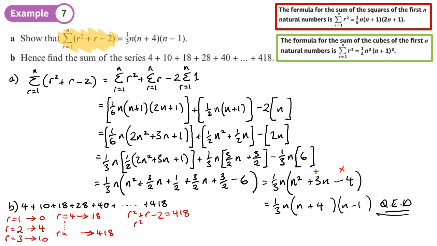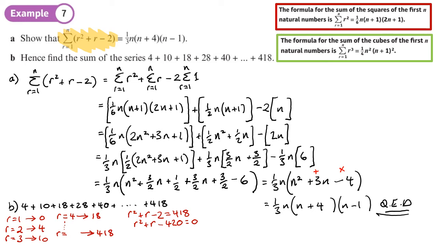Okay, so r squared plus r equals, well, actually it's a quadratic, isn't it? So if I take away 418 from both sides, I will get r squared plus r minus 420 equals 0. Okay, now I'm going to solve this.